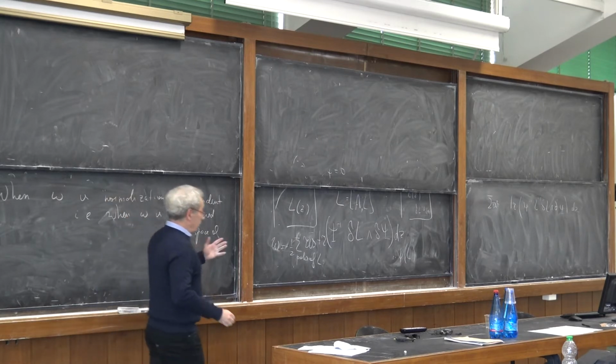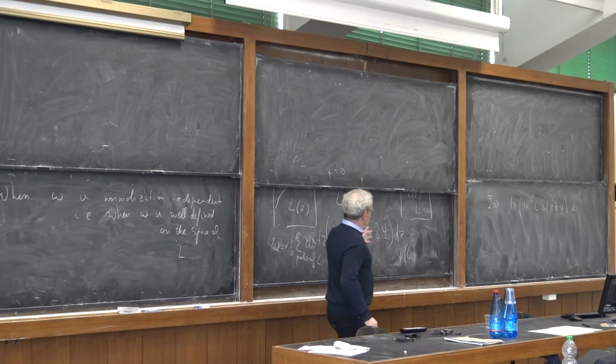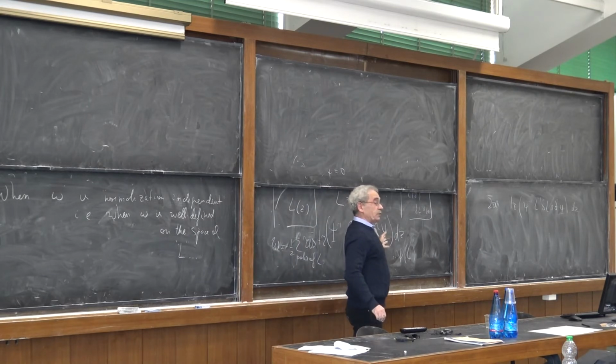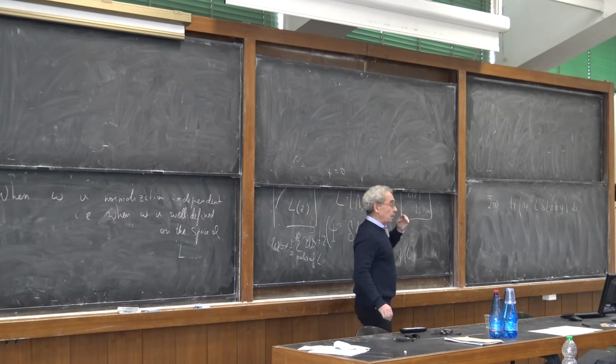Because at this moment, without understanding how it depends on the normalization, we still have a form written on a space of L's plus a space of possible normalizations.